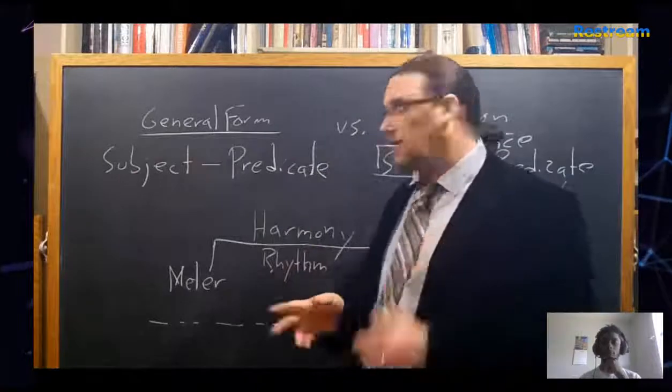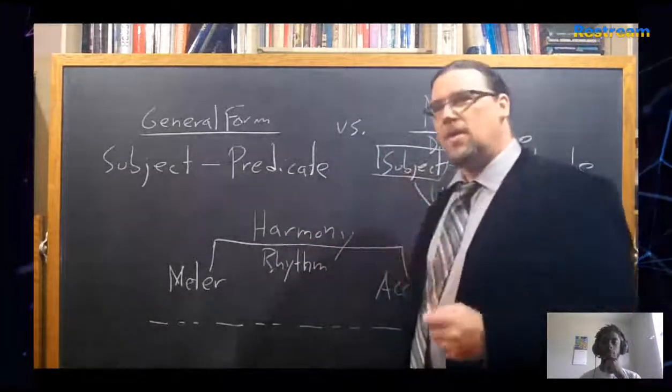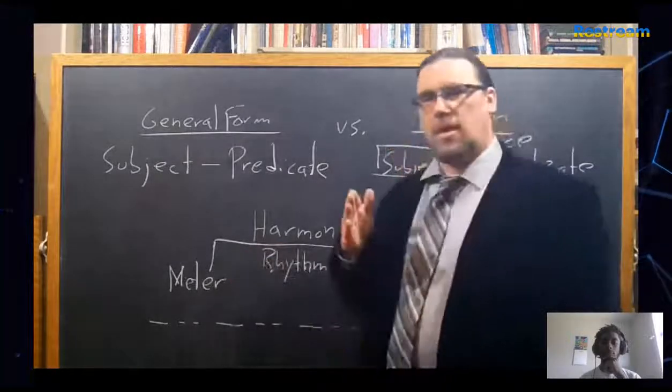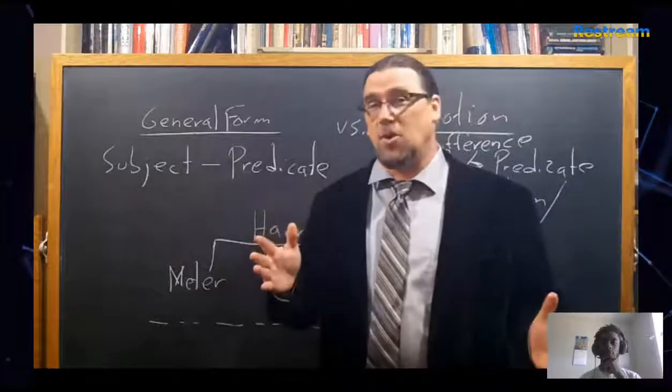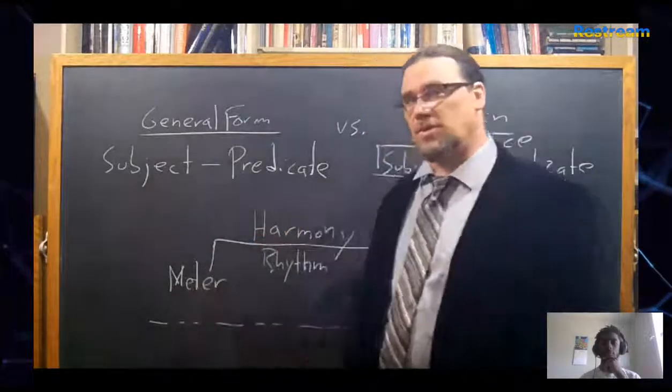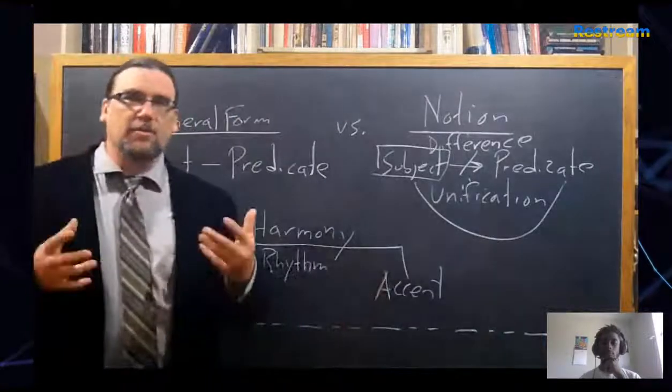You notice that it has a rhythm to it. Da da da da da da da da. So it's got a meter to it, and if we wanted to express that meter, it would be almost like Morse code, right? Short, long. Now we add to it the accent. Accent means stress.